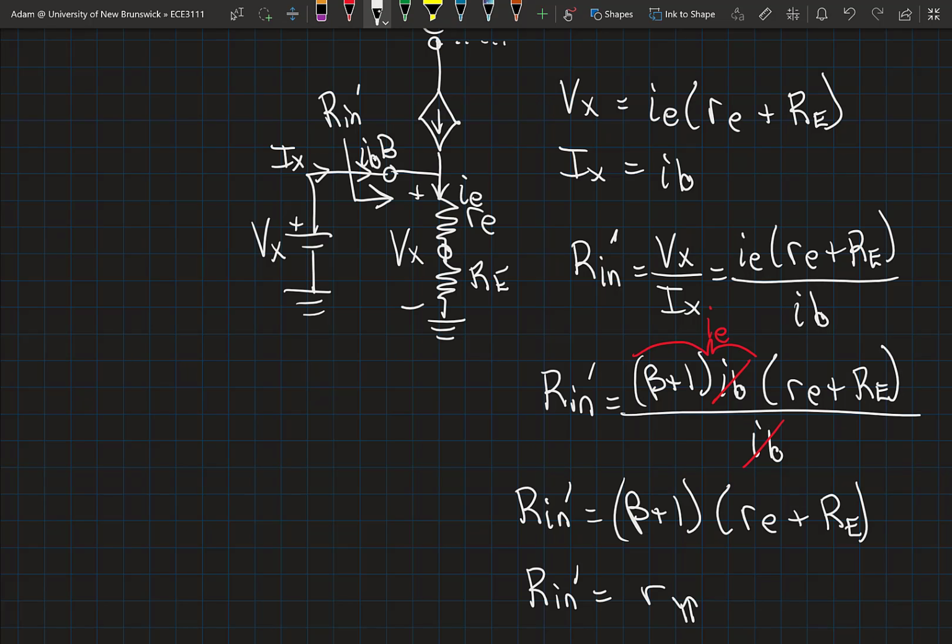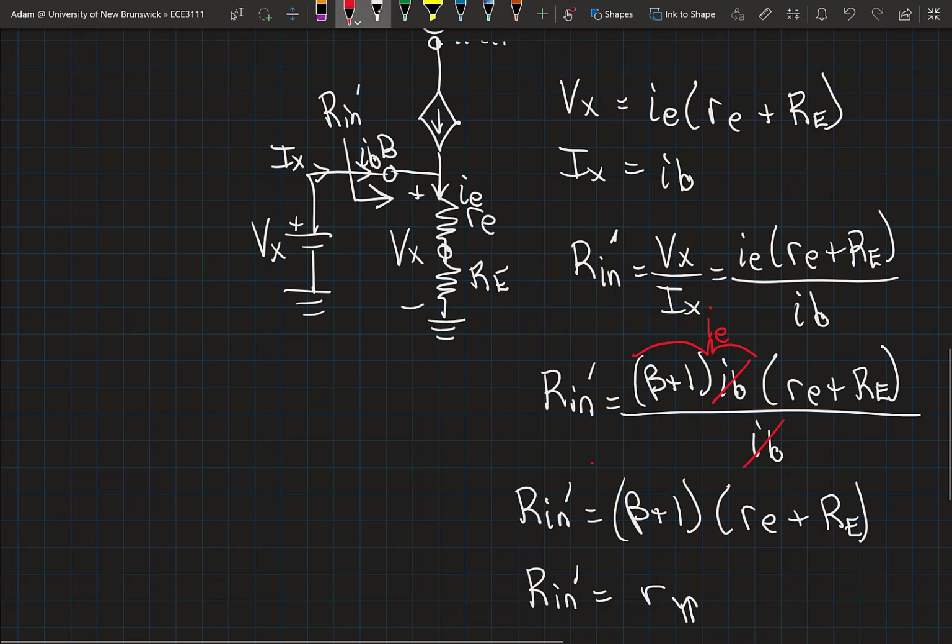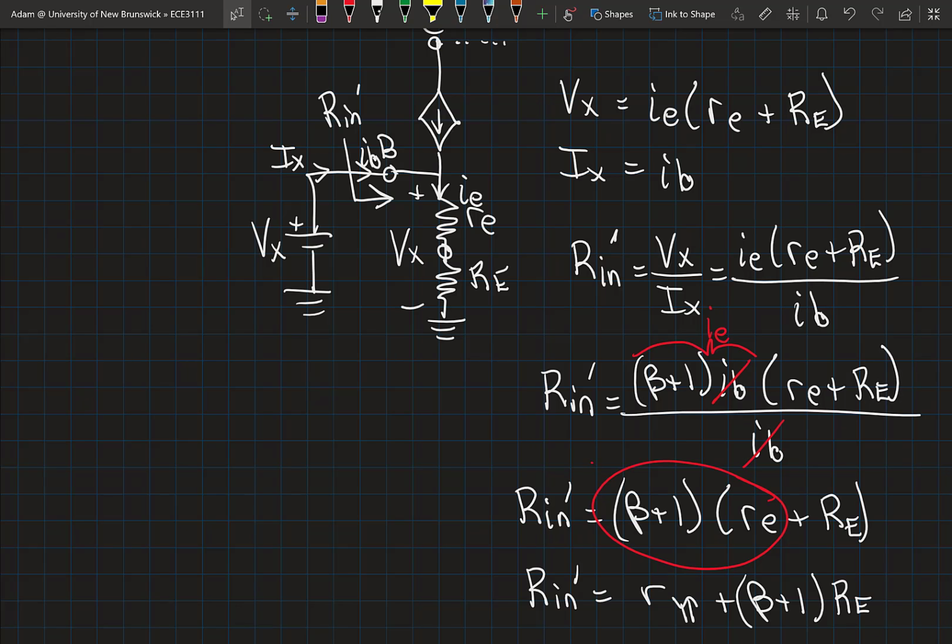So this part of the expression is R pi. So R pi plus beta plus 1 times Re is another way we might express the input resistance.